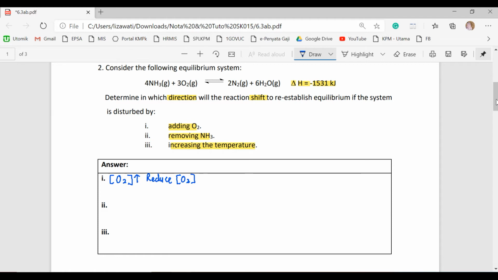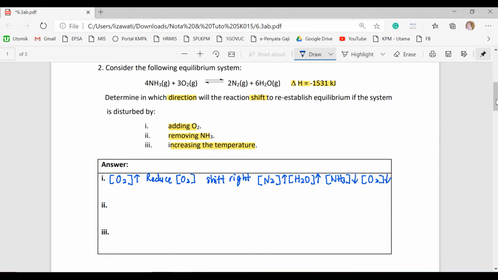So the equilibrium direction will shift to the right, in order to reduce the concentration of O2. So what would happen? The concentration of N2 increases, and the concentration of H2O also increases. However, the concentration of NH3 will decrease, as well as the concentration of O2.